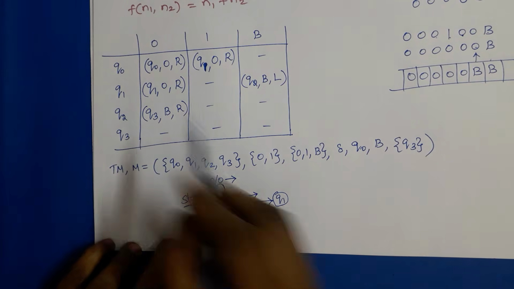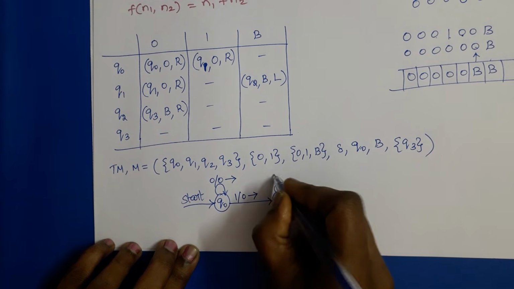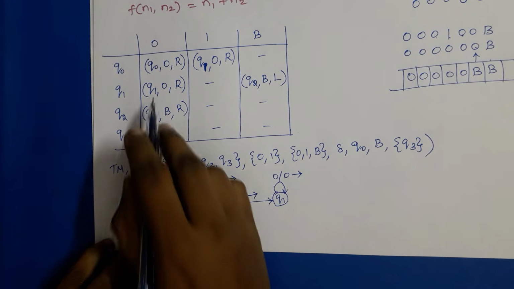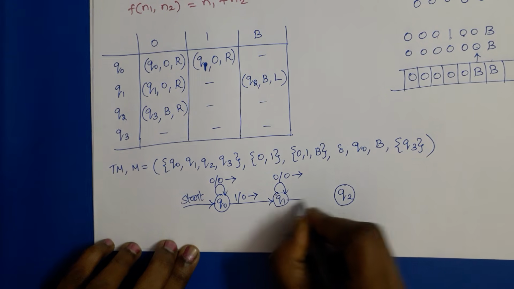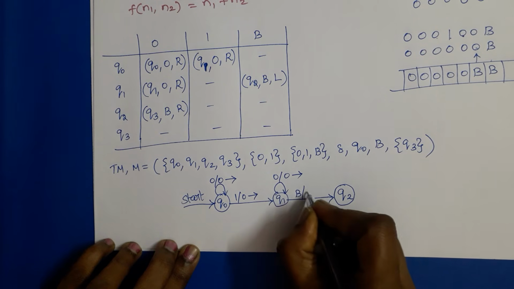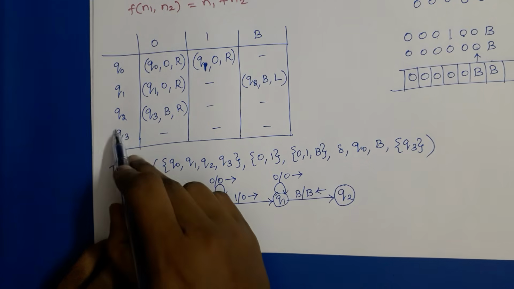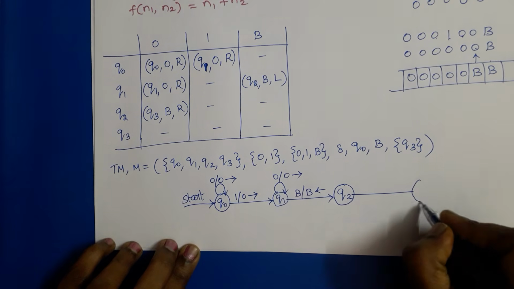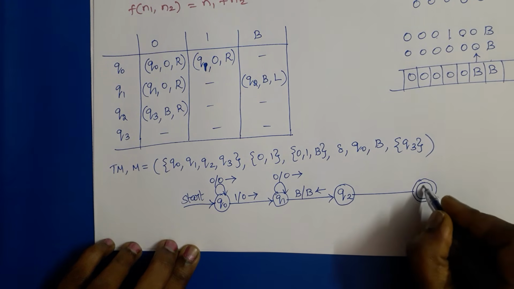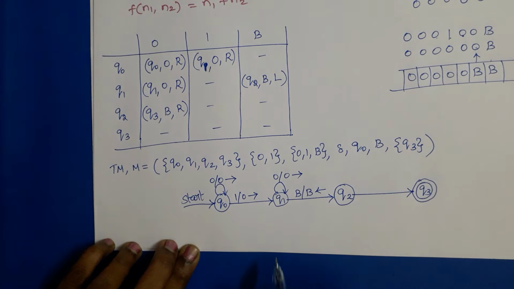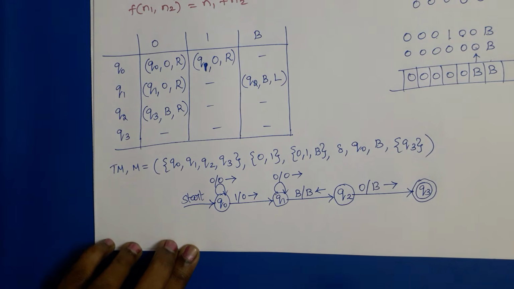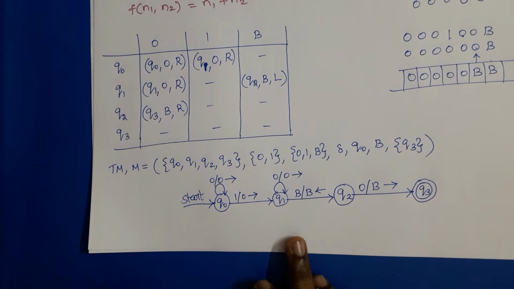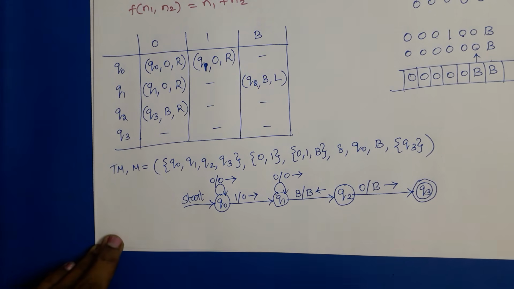Then from Q1 to Q1, 0/0 right move. Then from Q1 to Q2, blank/blank left move. Then from Q2 to Q3, and Q3 is a final state, so draw the double circle: 0/blank right move. Okay, so this is the transition diagram representation of the same problem.